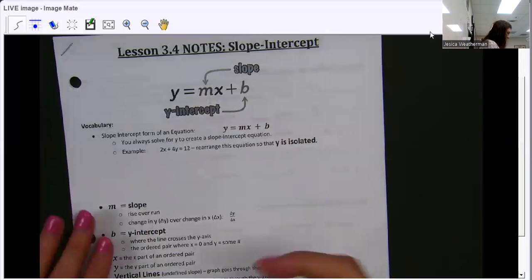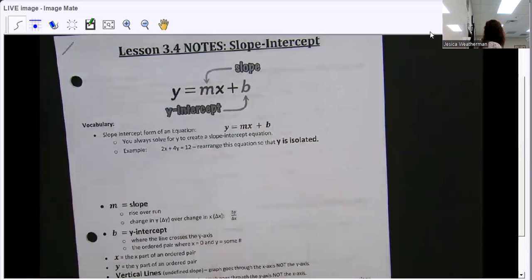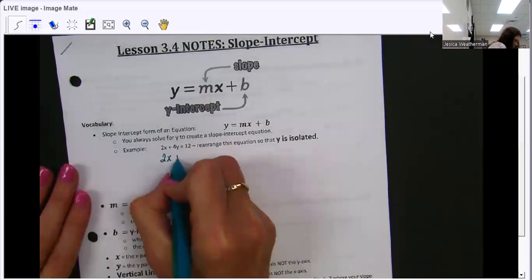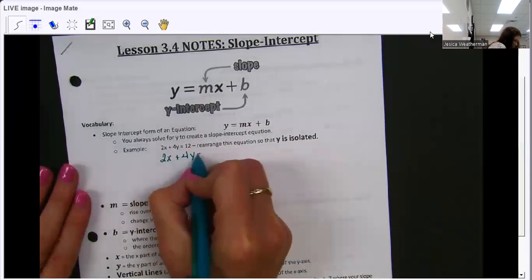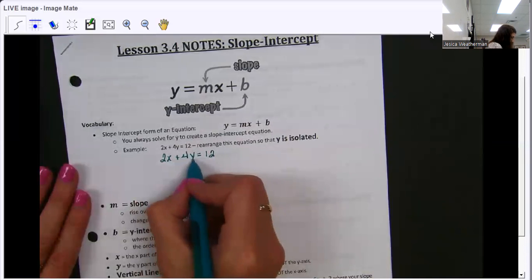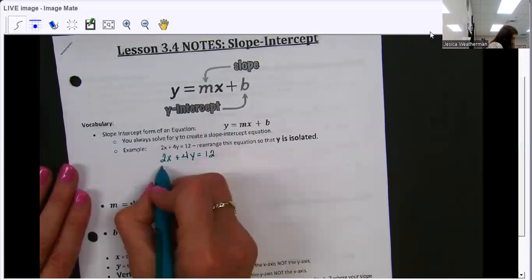So let's look at this example right here. 2x plus 4y equals 12. I want you to rearrange this equation so that you are solving for y. We need to isolate y, so we're going to leave y here and get rid of everything else around it.